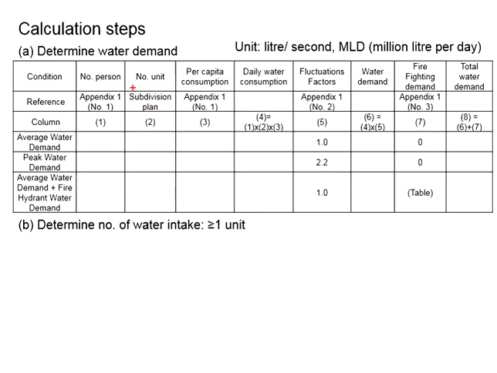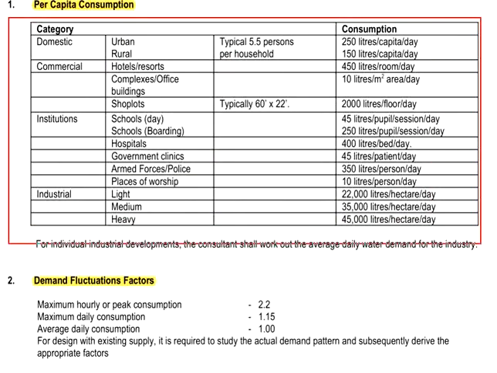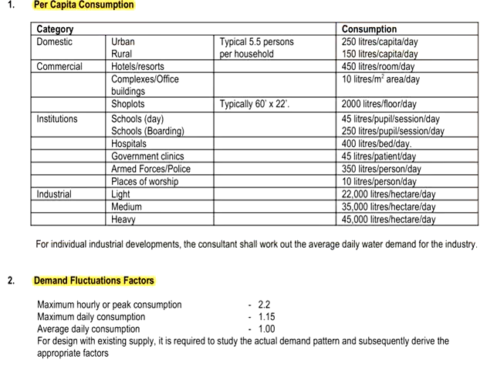This can be calculated from the subdivision plans, the number of units of the development project, and then get the per capita consumptions. Referring to this table, let's say it is an urban development. The consumption will be 250 liters per capita per day.